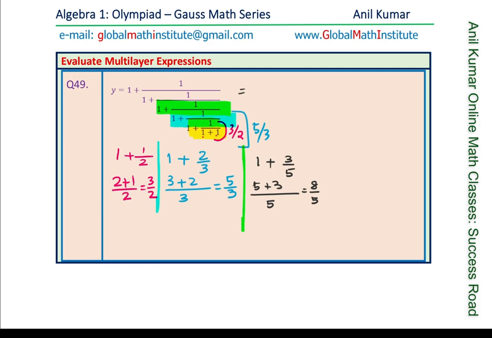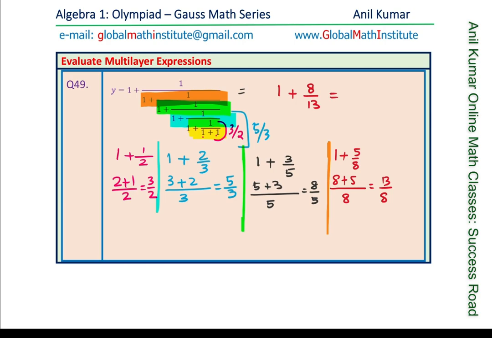Okay. Now let's consider the next portion, add the next one also, following the same process. So we have now 1 plus, we'll flip this and write this as 5 over 8. Now as soon as I do that, I have 8 in the denominator, 8 plus 5 in the numerator, which gives me 13 over 8, right? So 13 over 8, now I can flip and finally write this as 1 plus 8 over 13.